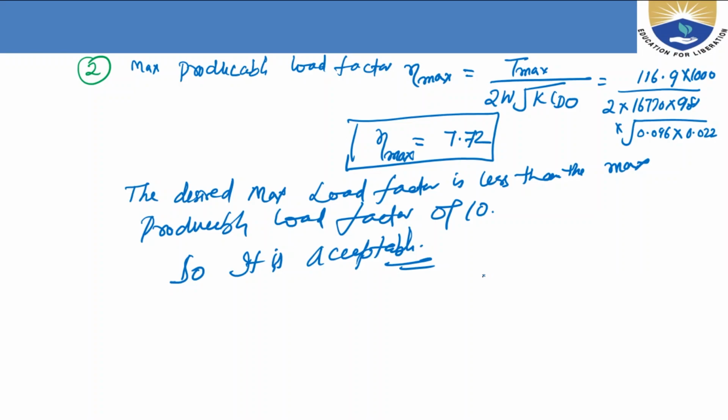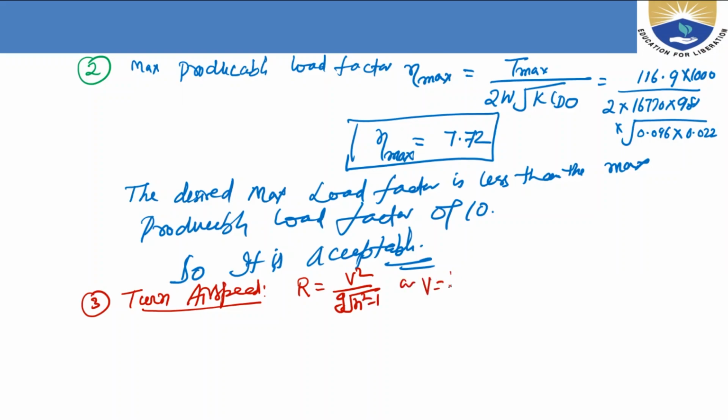Now we have to find out the turn radius or the turn air speed. We have to find out V, and we know that R is equal to V squared by g under root n squared minus 1, or V is equal to under root of R g under root n squared minus 1.